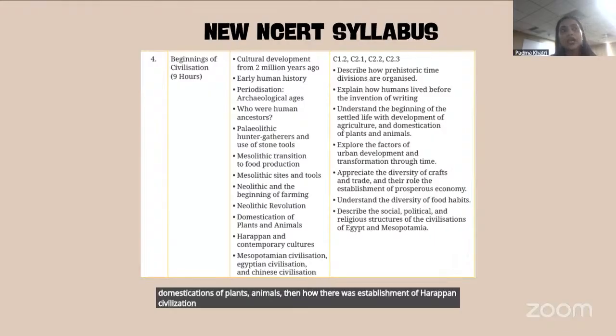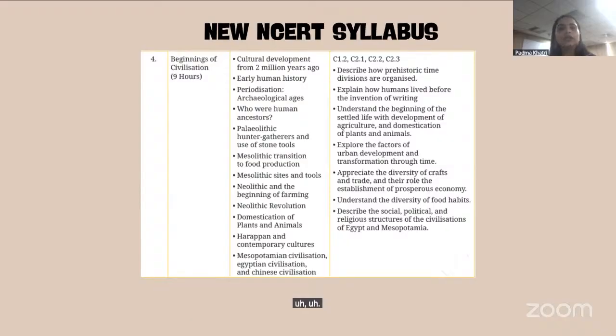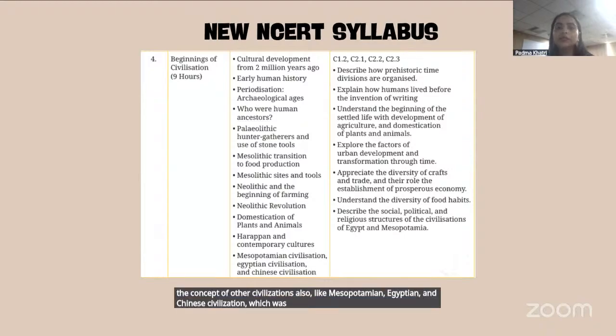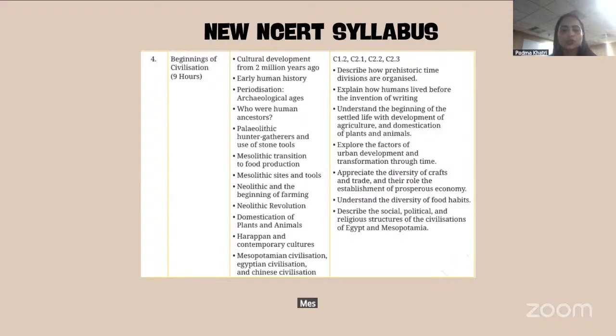And here we have the concept of other civilizations also, like Mesopotamian, Egyptian, and Chinese civilization, which was earlier not there. Even in class 6, the students used to learn only about Harappan civilization. Now they are going to learn about various civilizations like Mesopotamian, Egyptian, and Chinese civilization in class 9th.